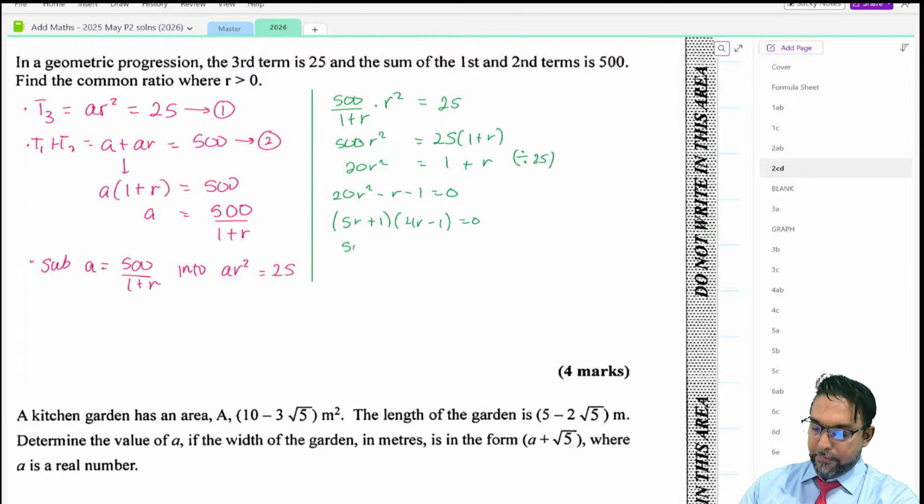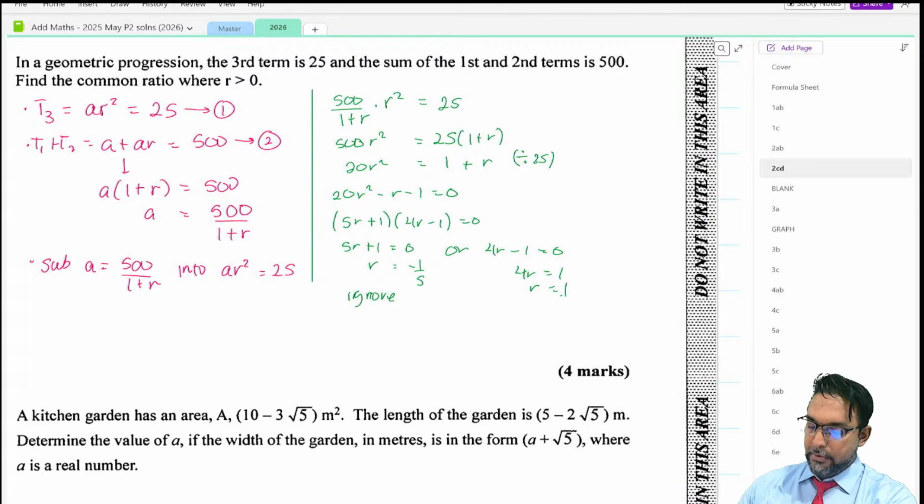If 5r plus 1 is equal to 0, r is equal to minus 1/5. We would ignore this one because it told us here r is positive. Or 4r minus 1 is 0, in which case 4r is equal to 1, r is equal to a quarter.